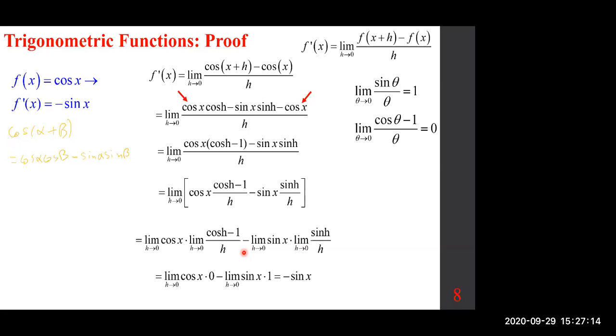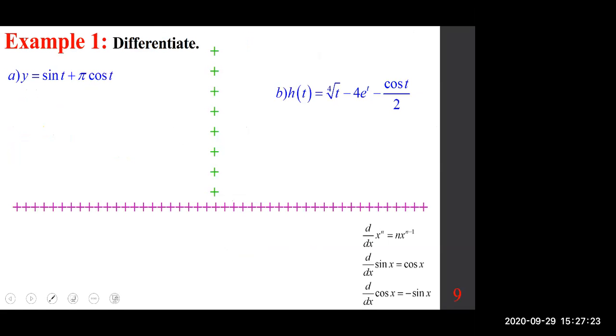Okay. Now let's look at some examples, class. Let's start with easy questions to get us started. We want to differentiate this. Obviously, we remember the formulas here. So we're going to use sine, cosine. So what's the answer to part A?